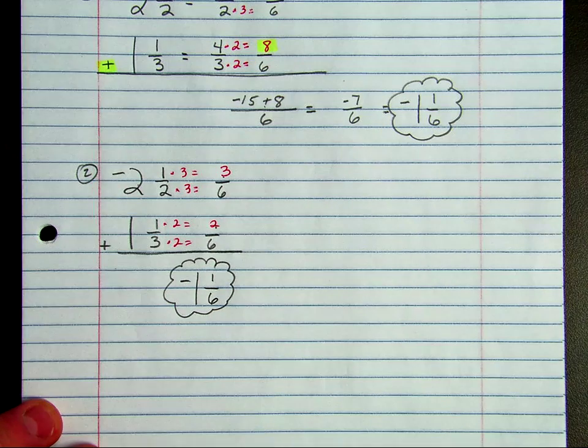So if you can remember that you need to subtract when the signs are different, and that you need to add when the signs are the same, then you can do this second method.